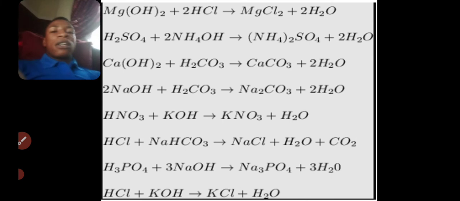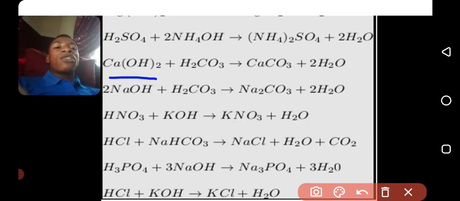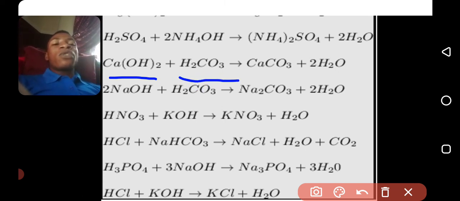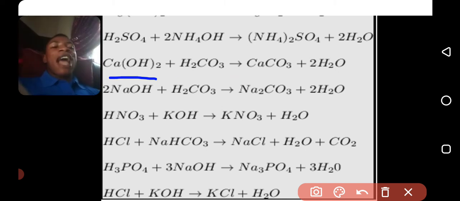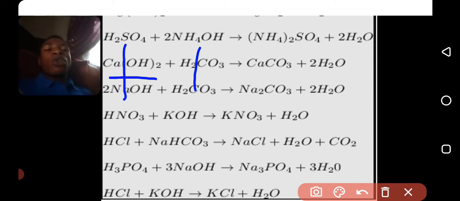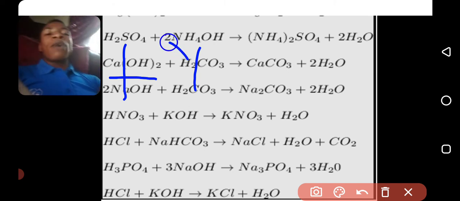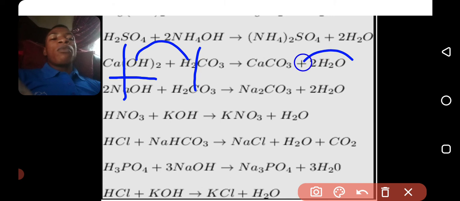Let's see another example here: calcium hydroxide and H2CO3. H2CO3 is a weak acid, don't forget that. So you split the acid into two, the hydrogen and the radical part. Split the base also into two, the calcium and the hydroxide part. So you can guess which of them hydrogen will pick. Hydrogen will go and pick the OH to form water.